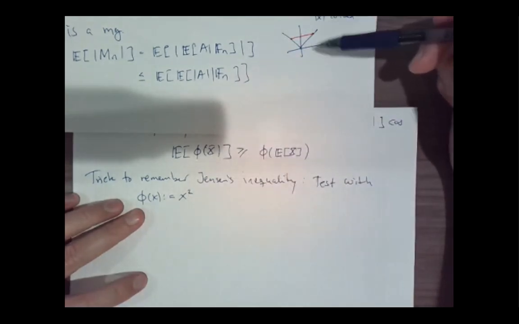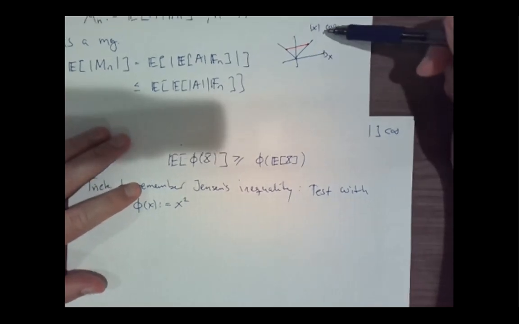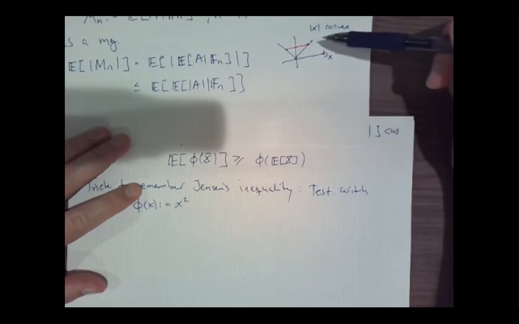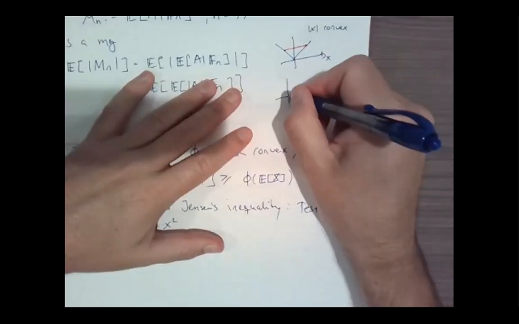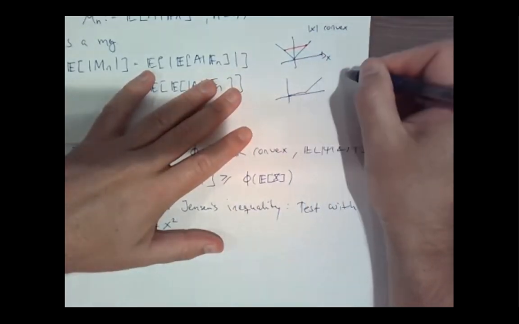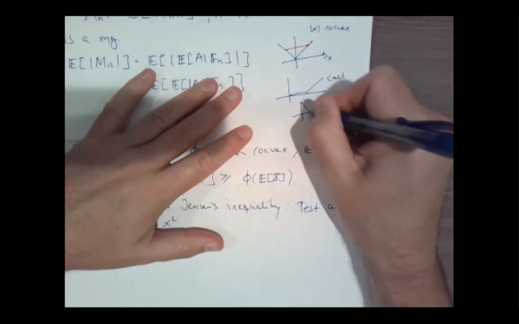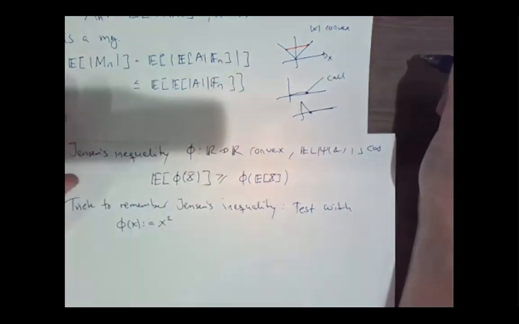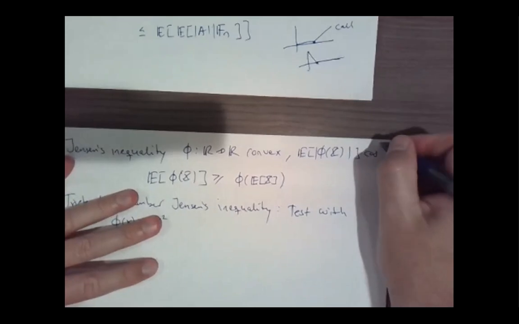You can't do that in general because it's not given that the function is differentiable. Like the absolute value is not differentiable at 0. The hockey sticks that we have talked about, the call options, like this one, are also going to be convex. This is the call. The put is also convex, but it's not smooth. There are these points where there are kinks. So then you cannot use that trick.